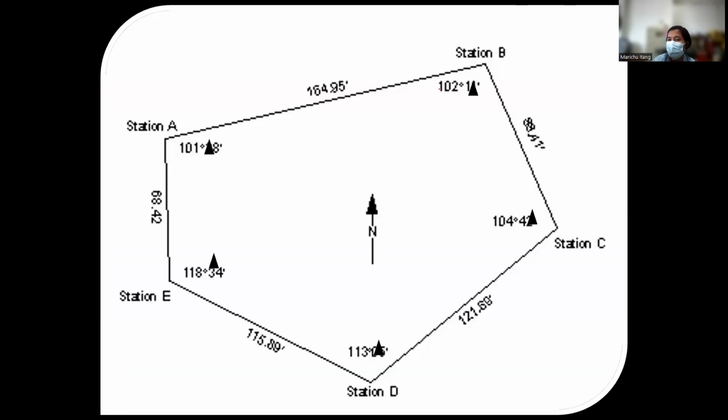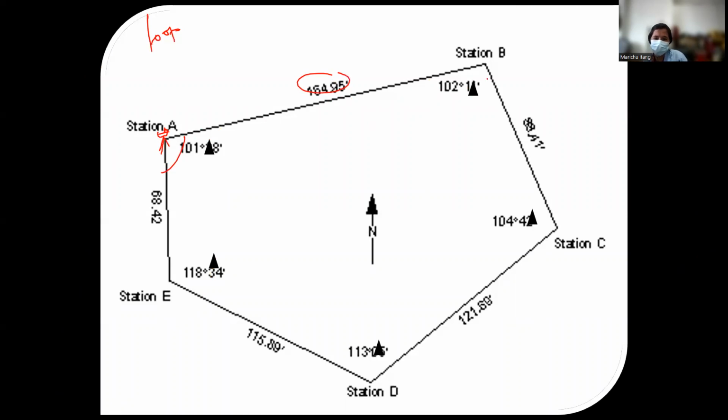So this is an example of a closed traverse. This is a closed loop. So again, this is a loop, since, let's say, we set up the instrument here. So let's say this is A, and then measure the distance and the angle, or either the interior angle.